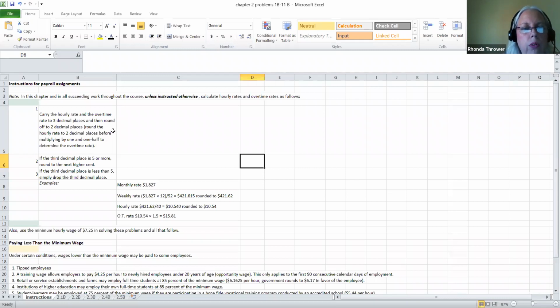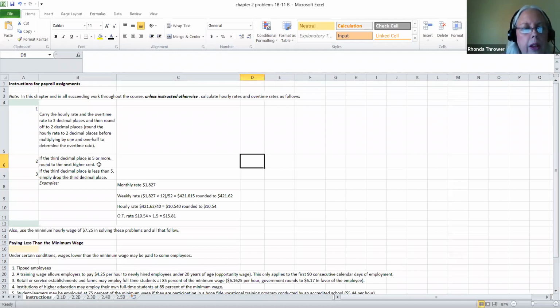In other words, when you're figuring your hourly rate, you're going to carry it out 3 decimal places. Then you're going to round it back to 2 places. And then you take the hourly rate and multiply it by 1.5 to get the overtime rate.